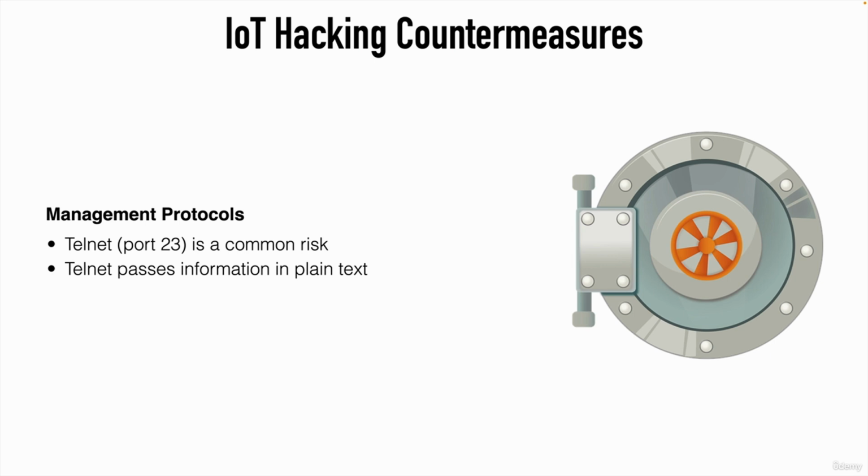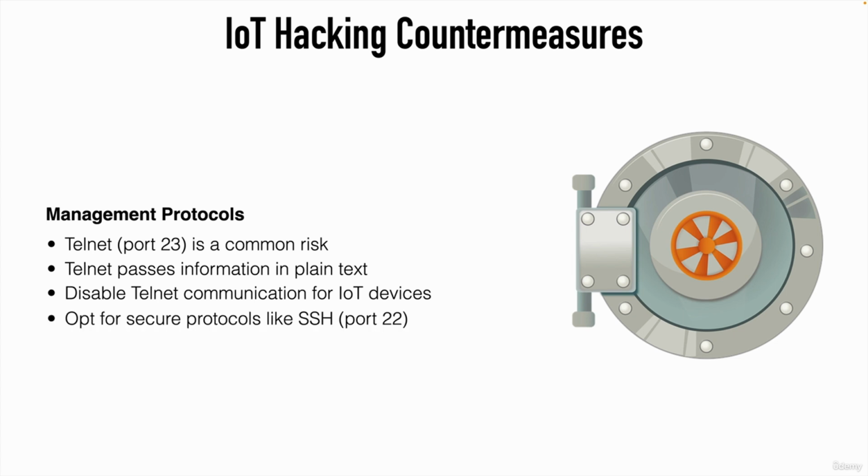We should disable Telnet on any IoT device, and if we prefer management over the command line interface, we should opt for secure management protocols, such as using SSH over port 22 instead. SSH uses an encrypted format to send data, along with public key authentication through asymmetric encryption.